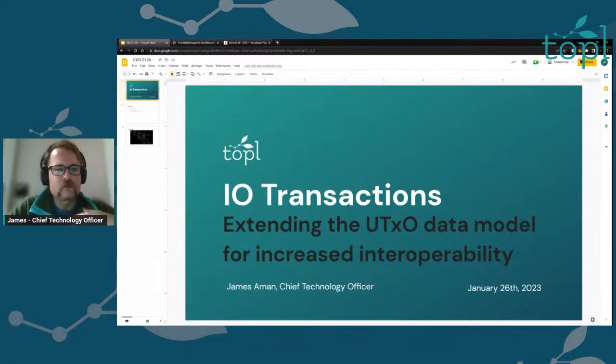And so the desire is that we can get greater adoption. We can map other chains into this similar, very simple model, and then we can facilitate cross-chain interoperability.